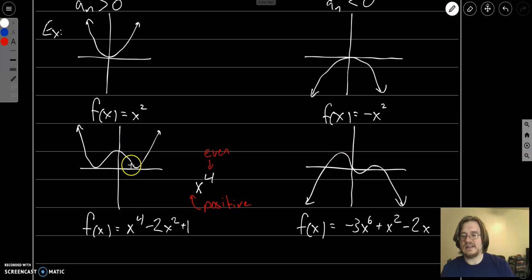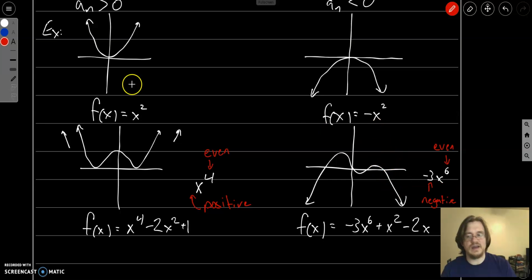And you'll notice that it looks the same as our parabola. We're coming up over here, and we were coming from the top down as we go from left to right. Likewise, over here, when we have negative 3 x to the sixth, when we're looking at the sixth, we have an even power, but a negative coefficient.